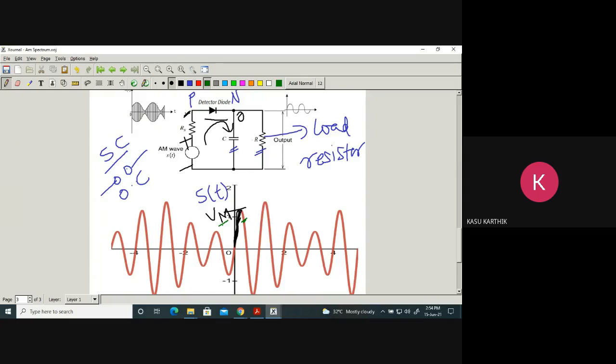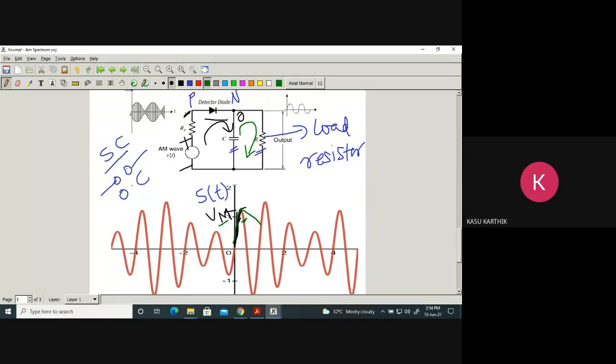It will be open circuited. When it is open circuited, the source will be detached from this entire circuit. Then this capacitor discharges through the load resistance. The capacitor charges up to this point, and after this point there is reverse bias. It is discharging.